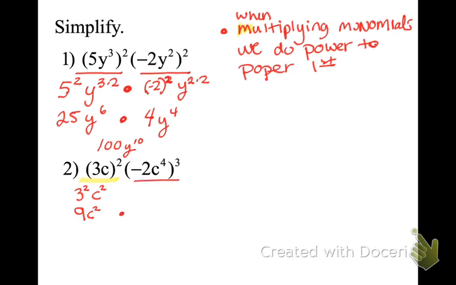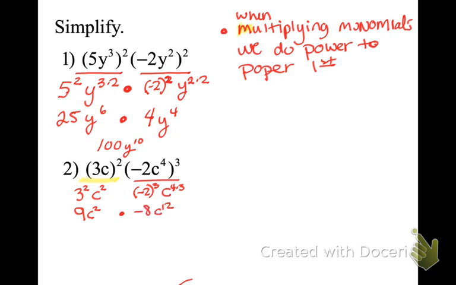Okay, the next one, let me hear from Milena. For the next one, use -2 times c to the what power? To the third power. Good, and c and 4 times. Good. And so that simplifies to? -8 and then c to the 12.